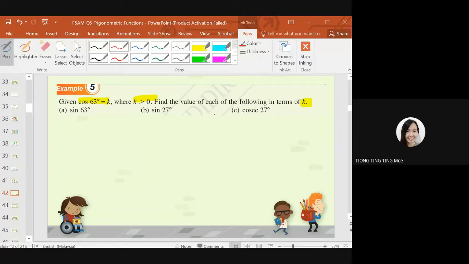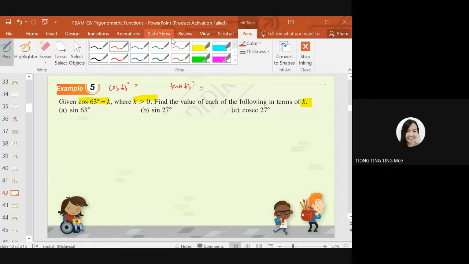No, not drawing the magic hexagon. We have to know the relation between cos 63 and tangent 63. How are we going to find the relationship for sin, cos, tangent?